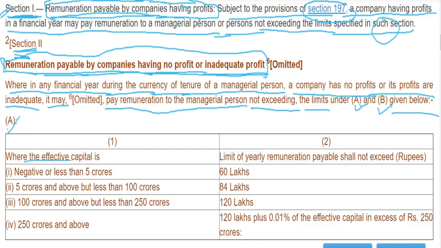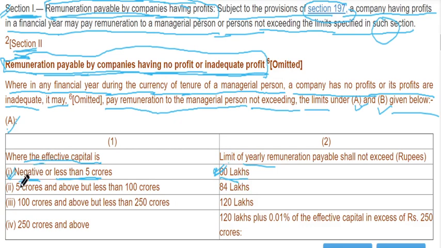Where effective capital is negative or less than 5 crore, the limit of yearly remuneration shall not exceed 60 lakh.